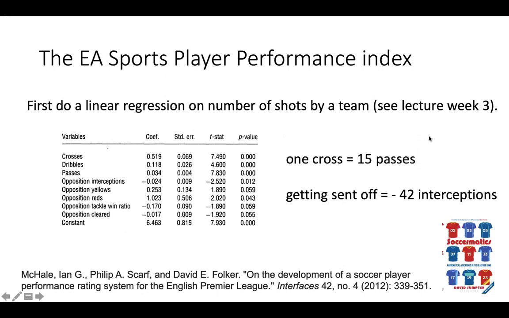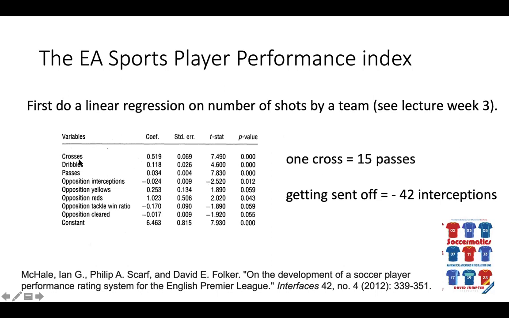And if you look in lecture week 3, I talk a little bit about how you do these linear regressions. They did a linear regression on number of shots by a team as a function of the number of crosses, dribbles, passes, and so on made by the team. And basically the coefficients in that linear regression relate to how important they are in generating shots.